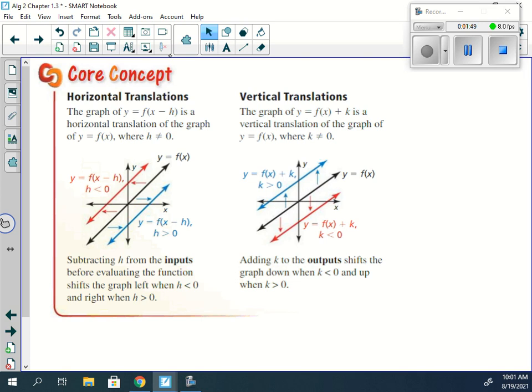Vertical translations, up and down: the graph of y equals f of x plus k is a vertical translation of the graph y equals f of x where k is different from 0. Does anybody know why it has to be different from 0? What is f of x plus 0? F of x. Is it going to change it?